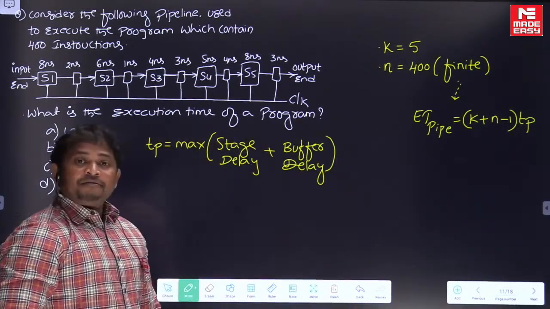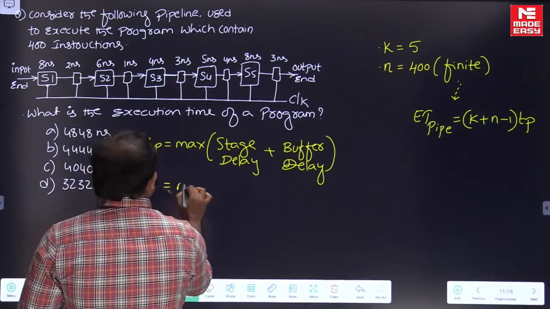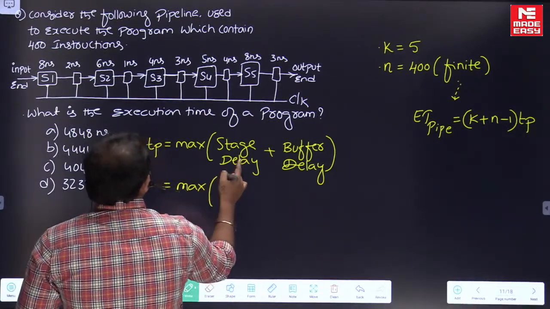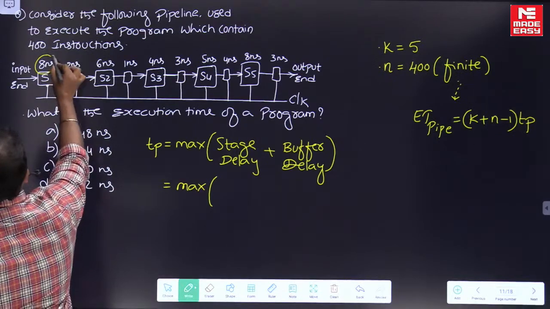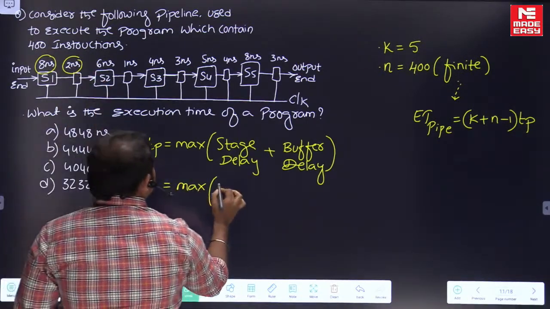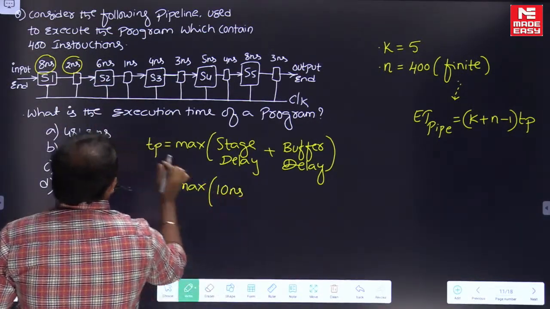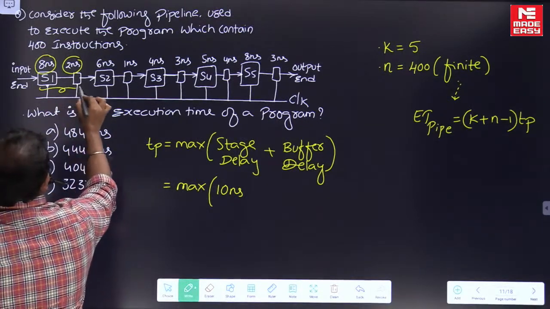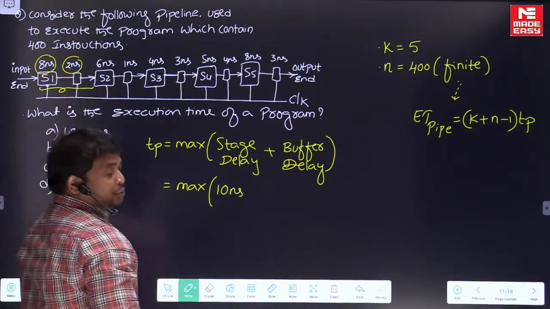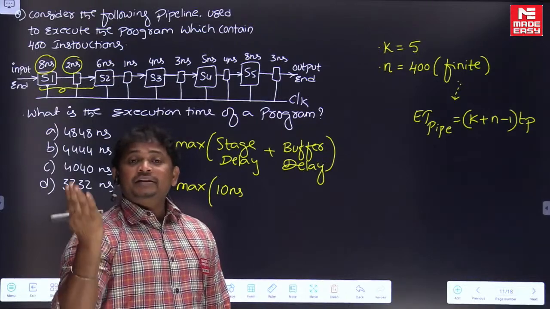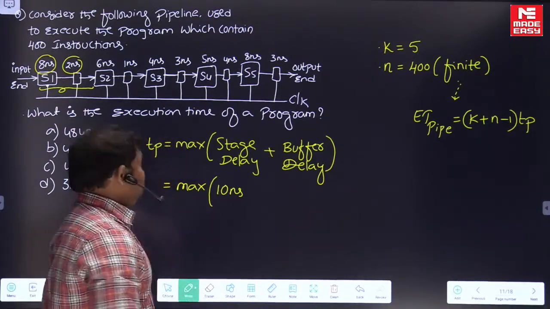Stage delay plus buffer delay together. So see this, maximum of: stage delay 8, buffer delay 2, total 10 nanoseconds. After 10 nanoseconds, S1 output is given as input to S2.